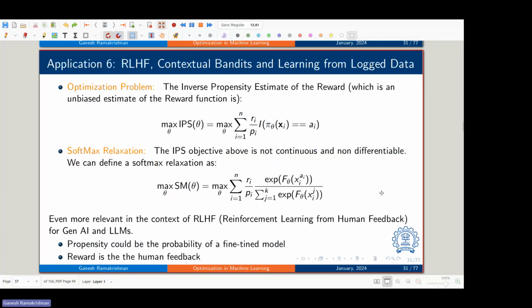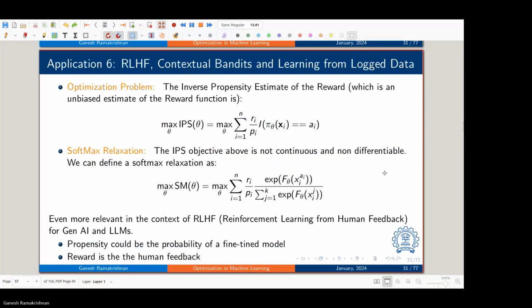That's the next step, the softmax relaxation. We just replace this indicator with the softmax probability. This is what we did for logistic regression earlier. We do the same. But f remains my simple linear function, or my link function. It could be non-linear as well. Got an idea?